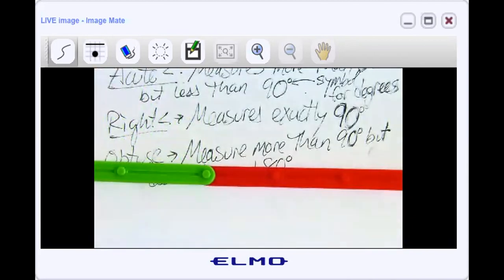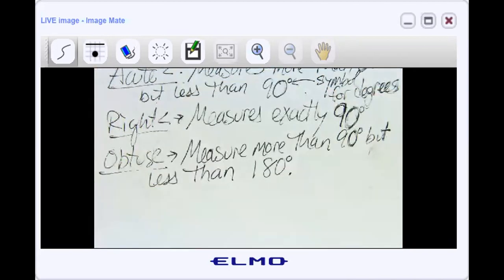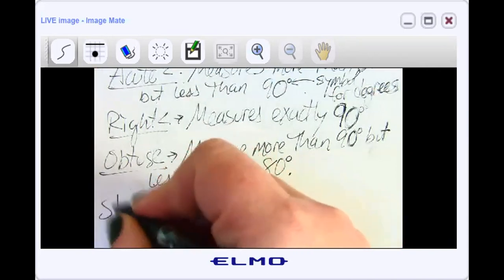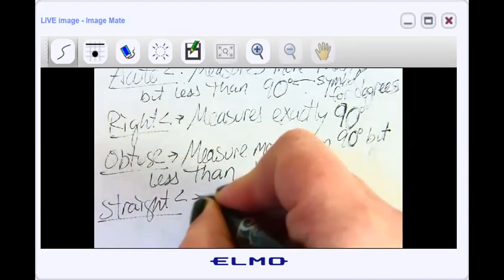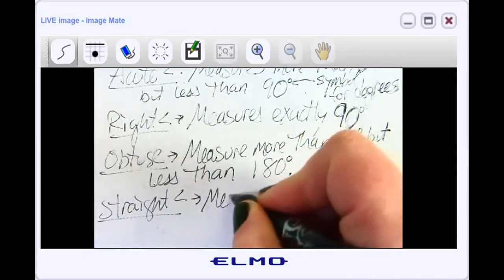Now that's a perfectly straight line, hence why we call this a straight angle. So it's kind of weird because it looks like a line, but you could technically refer to this as an angle, and we name it a straight angle. Okay, so let's add that in. Straight angle measures exactly 180.